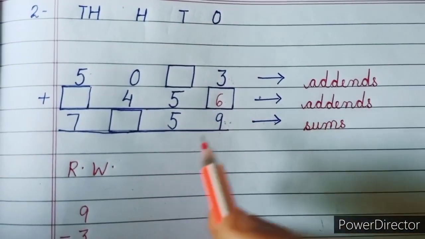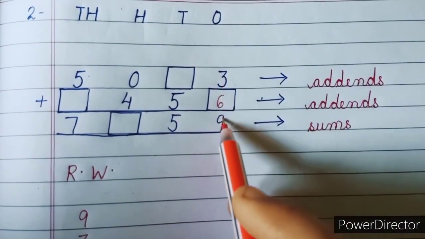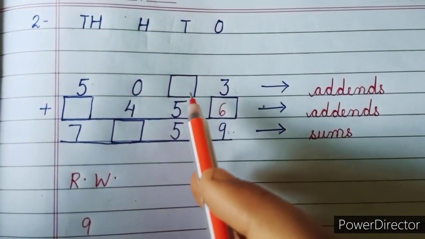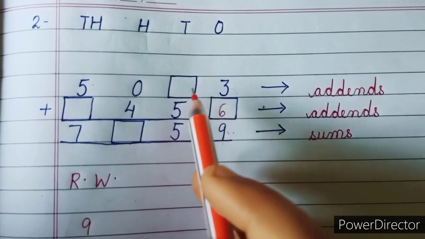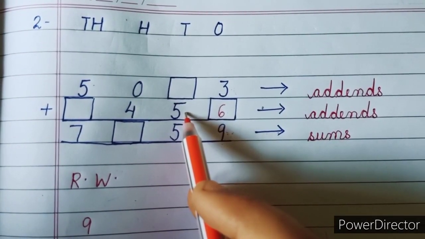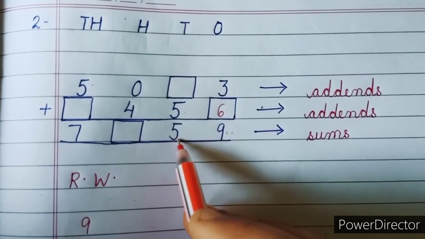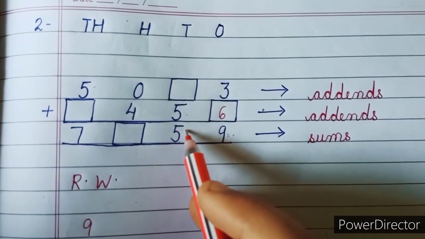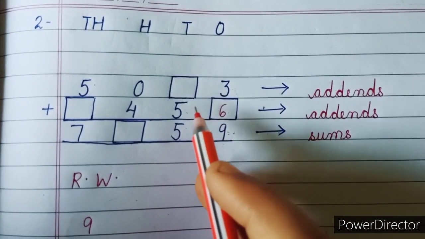Okay. It is correct. Now go to the tens column. Here is an empty box and written down is 5 and the answer number is 5. So here both are equal.